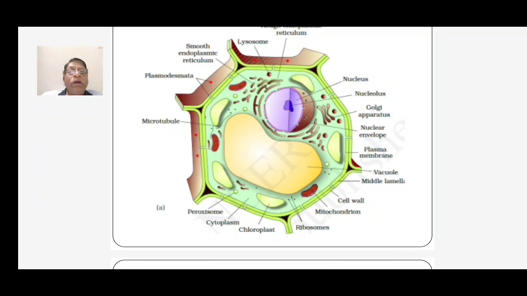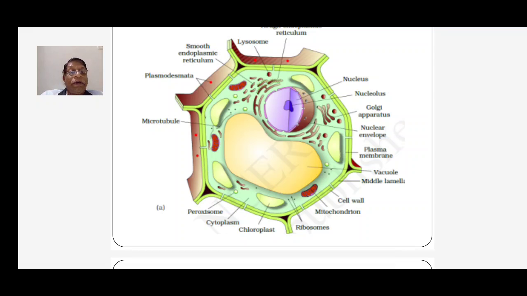Then study the diagram for the presence of lysosomes. In the diagram, just above the nucleus, we come across lysosome, a small spherical shaped structure. Then see the presence of big vacuoles.